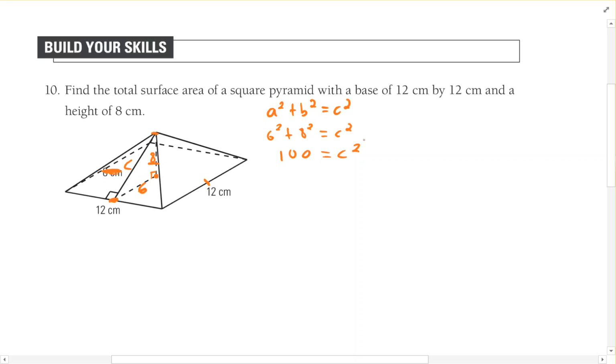Is equal to c squared. And then the last thing you have to do is just take the square root of both sides. So just take the square root of 100. I say both sides because that gets rid of the squared on that one. And then we end up with just c is equal to square root of 100 is 10. So I know the slant height here that we needed was 10.